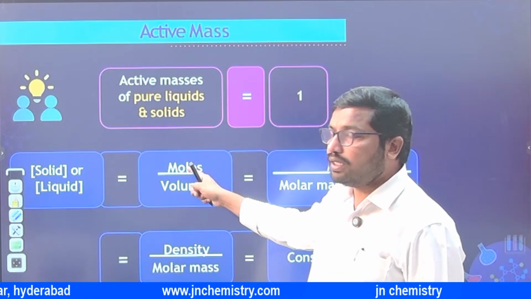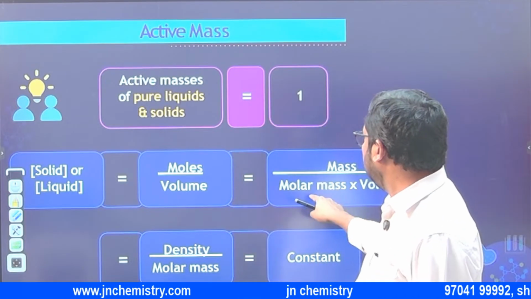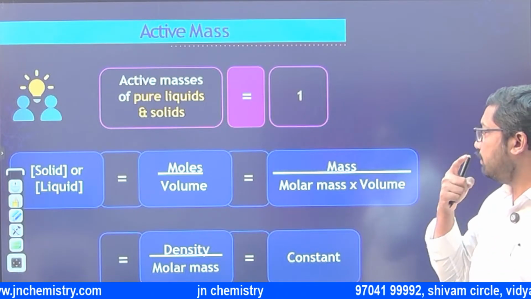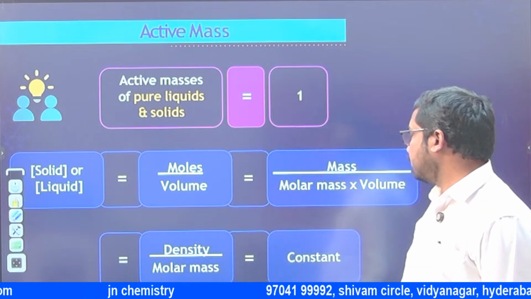Concentration is nothing but molarity, moles per volume. Moles means weight by molecular weight. Weight or mass by molecular weight into volume. So mass upon volume is nothing but density, so density into molar mass.